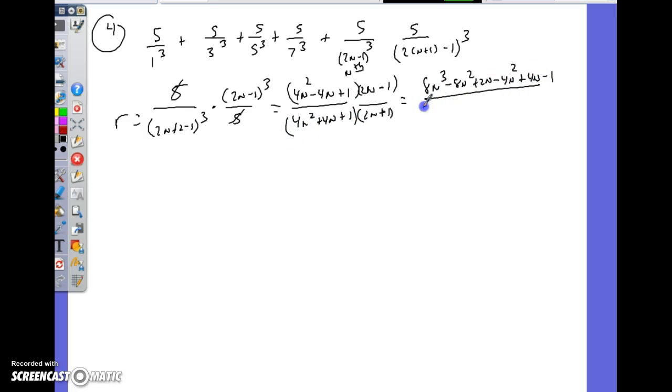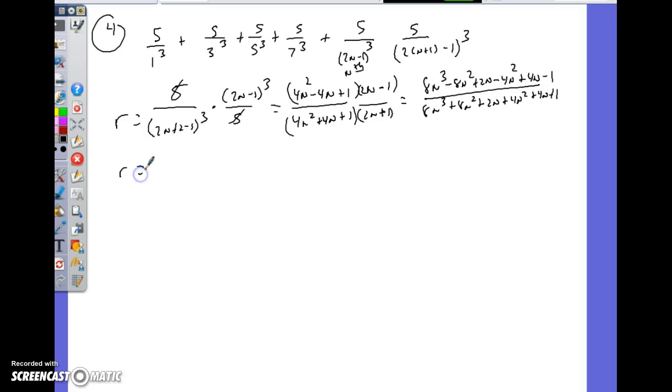on the bottom I have 8n cubed plus 8n squared plus 2n plus 4n squared plus 4n plus 1.